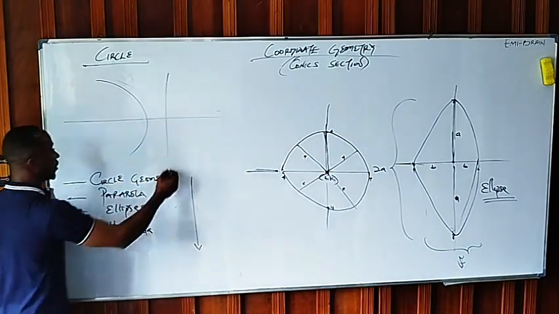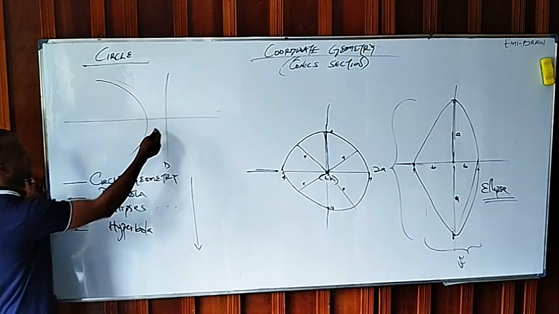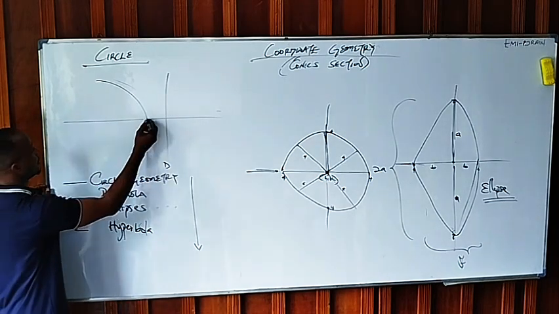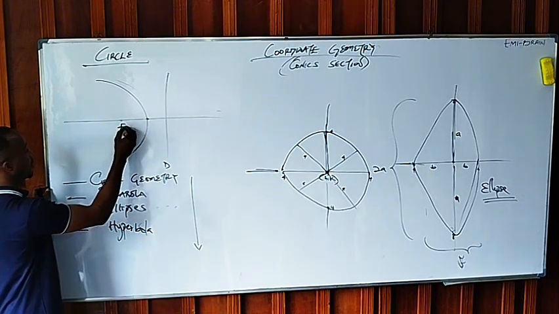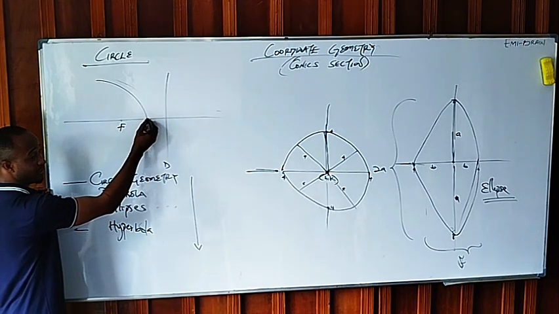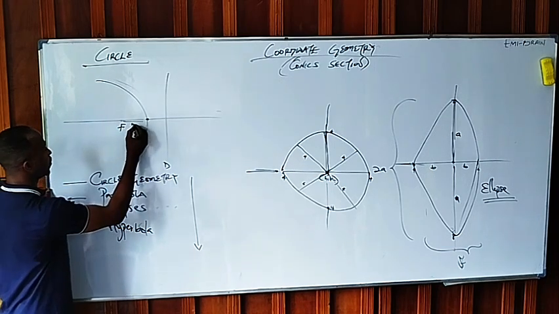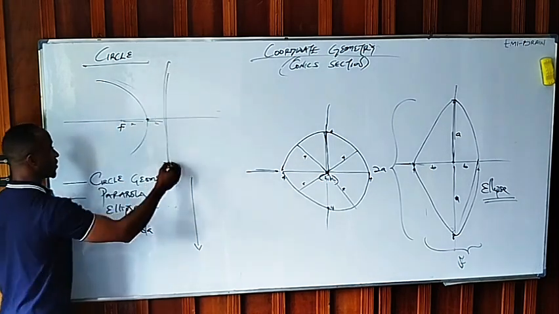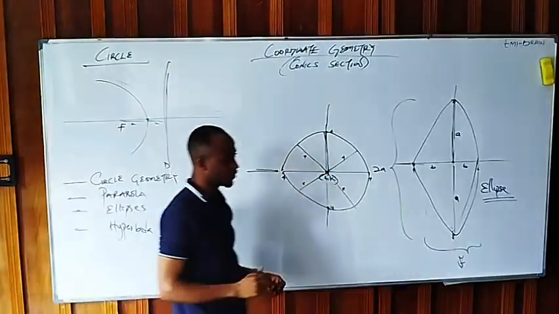Then there's a point here called the directrix. Directrix is a line from the focus to the edge of the parabola. So if here is 2, here is also 2. This line is called the directrix.